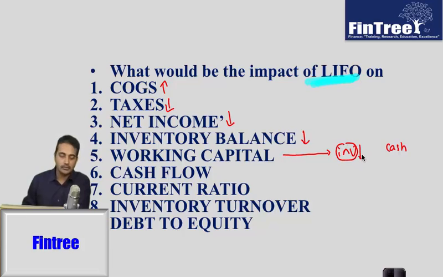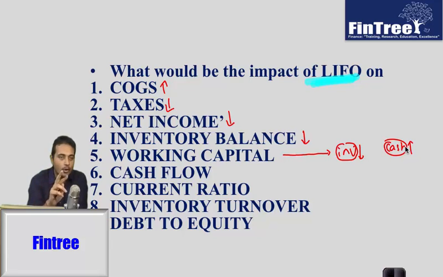Inventory would be lower. But what will happen to your cash? Cash will be higher. Why would cash be higher? Because you use LIFO, your profits were lower. Because your profits were lower, you paid lesser taxes. And because you paid lesser taxes, your cash balance was higher.